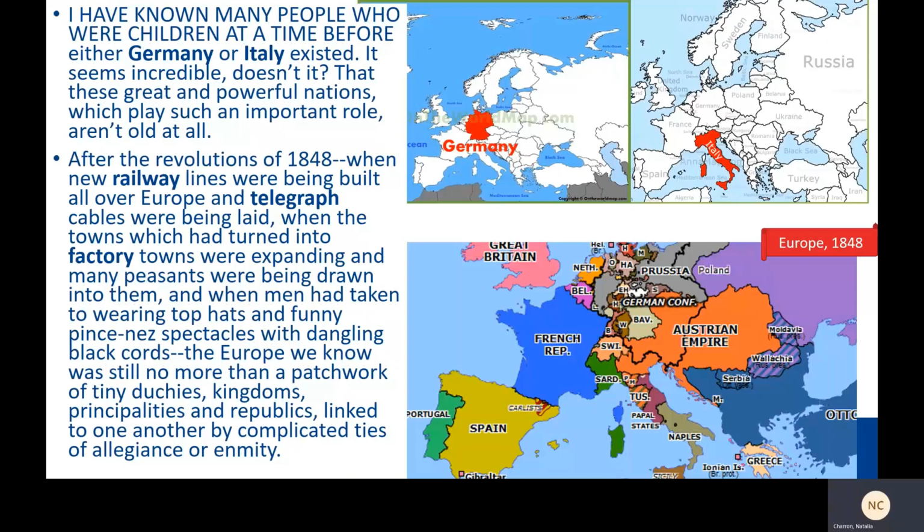After the revolutions of 1848, when new railway lines were being built all over Europe and telegraph cables were being laid, when the towns which had turned into factory towns were expanding and many peasants were being drawn into them, and when men had taken to wearing top hats and funny pince-nez spectacles with dangling black cords, the Europe we know is still no more than a patchwork of tiny duchies, kingdoms, principalities, and republics, linked to one another by complicated ties of allegiance or enmity."